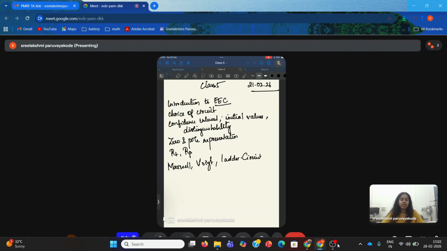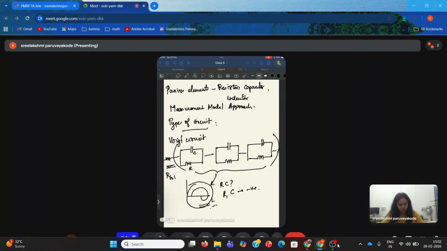Once impedance data is given, how can you say what circuit can fit, how many RC elements you need to fit it, and how can I visually say what the R_ct value is and what the R_p value is. Everything we had seen in the last class. We looked into the Voigt circuit, where R and C are in parallel, and this corresponds to solution resistance.